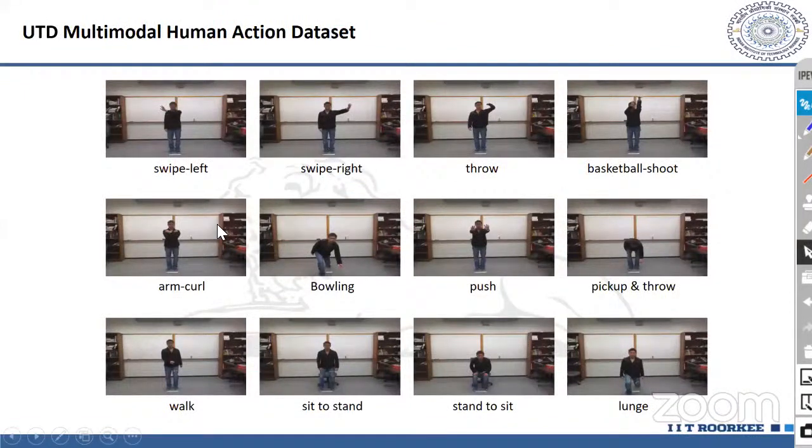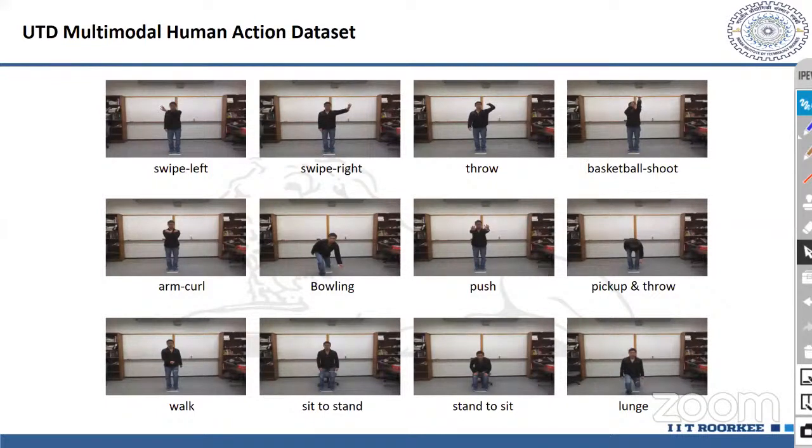Okay. Thank you all. So I have talked about the classical machine learning problem, but you may ask the question: can we solve all these problems with the help of deep learning? Yes, you can do that. For example, I talked about human action recognition.